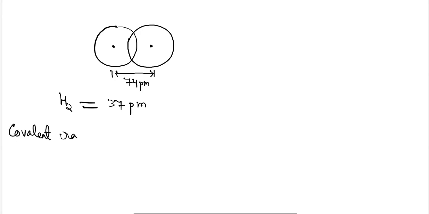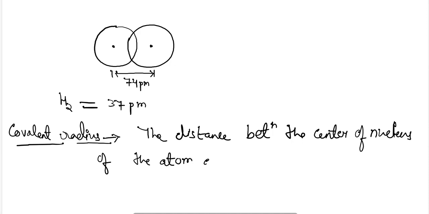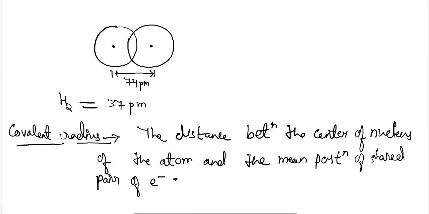The definition for covalent radius is better: the distance between the center of the nucleus of the atom and the mean position of the shared pair of electrons between the bonded atoms is called the covalent radius.